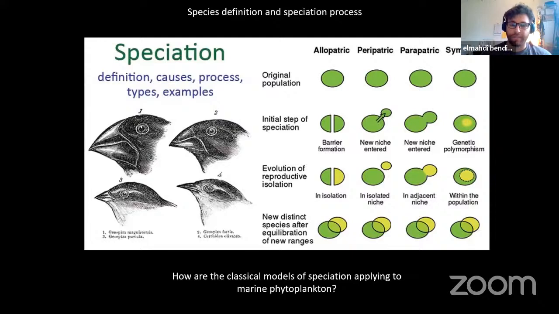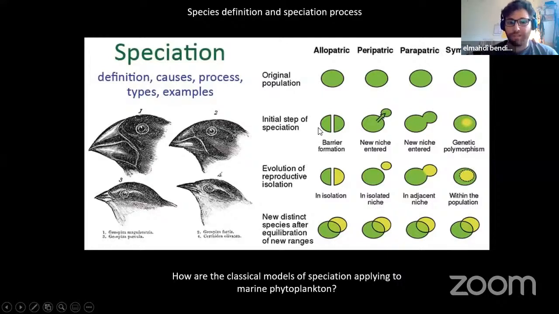some spatial aspects, such as the allopatry, the peripatry, the parapatry, or the sympatry. When you start with your original population, you may have different initial steps of speciation.